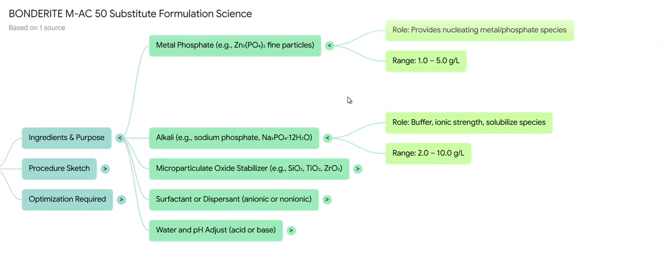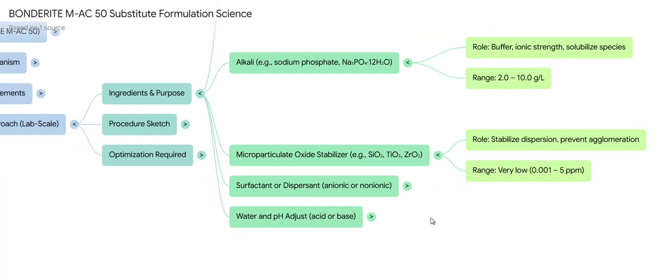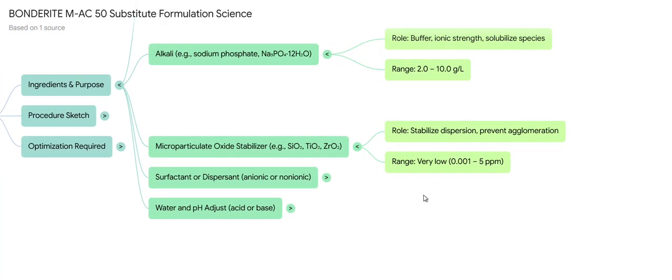Its role is to act as a buffer, provide ionic strength, and solubilize species. The range can be up to 10 gram per liter. And then you have zirconium oxide or titanium oxide or silicon oxide.